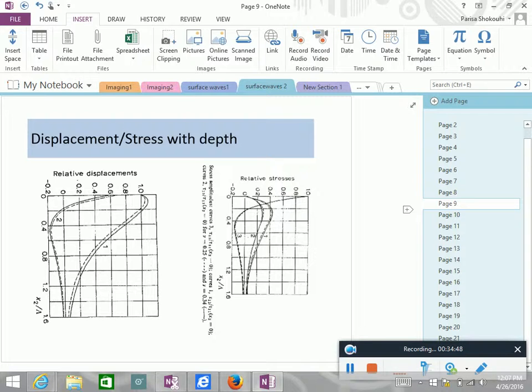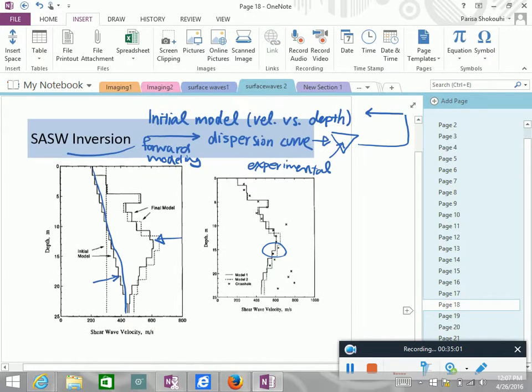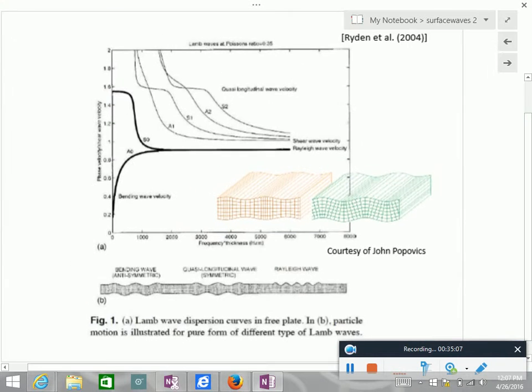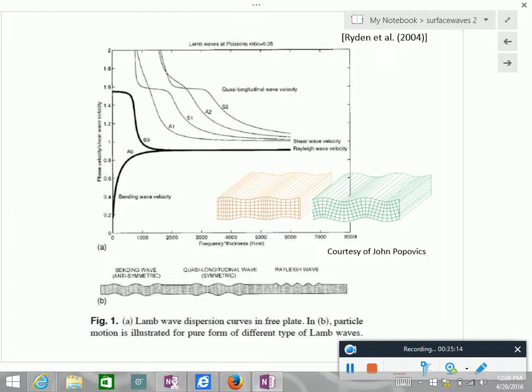Now, answering your question whether this has something to do with reflection and refraction, the answer is yes. And that's the last thing of this class. This can become very complicated, so that's why I started just with Rayleigh waves. But Rayleigh waves are only a special kind of plate waves.